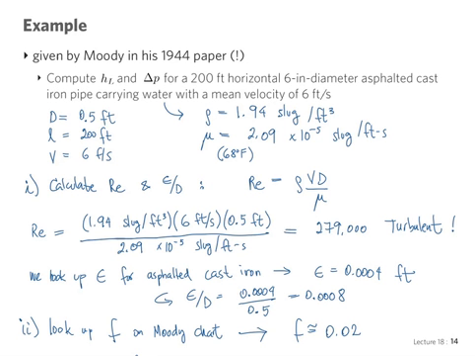Okay, so we've got f now. What we need to do next is to calculate the pressure drop and the head loss from the equations that we have. So I'm going to clear the annotations here. Everybody's written that down? Okay, good.